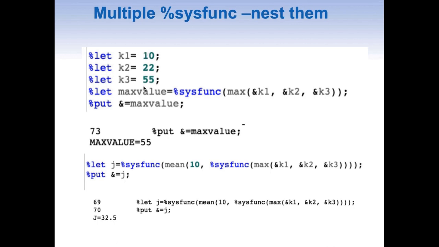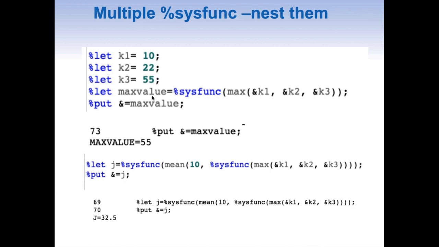The first thing is to find the max value within these three macro variables, and whatever max value I get from these three macro variables, I want to do a mean with a value of 10. So first I can simply do %sysfunc, and then find the max value here like this.